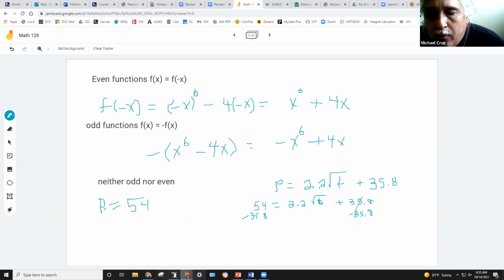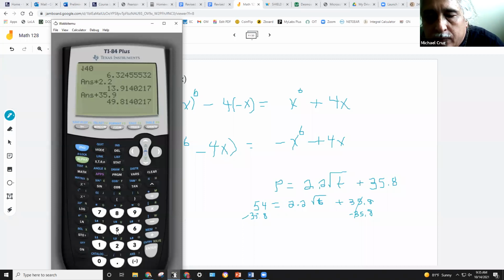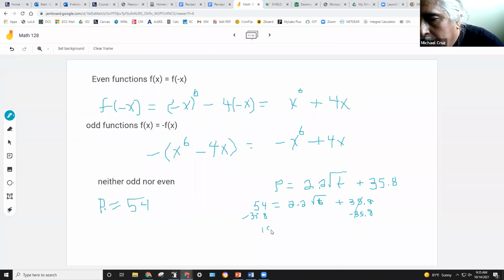And what is 54 minus 35.8? So that's going to be 18.2.